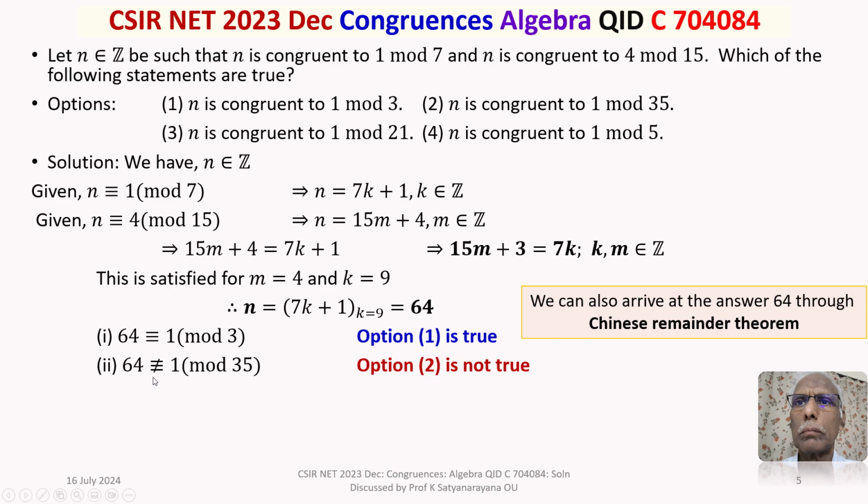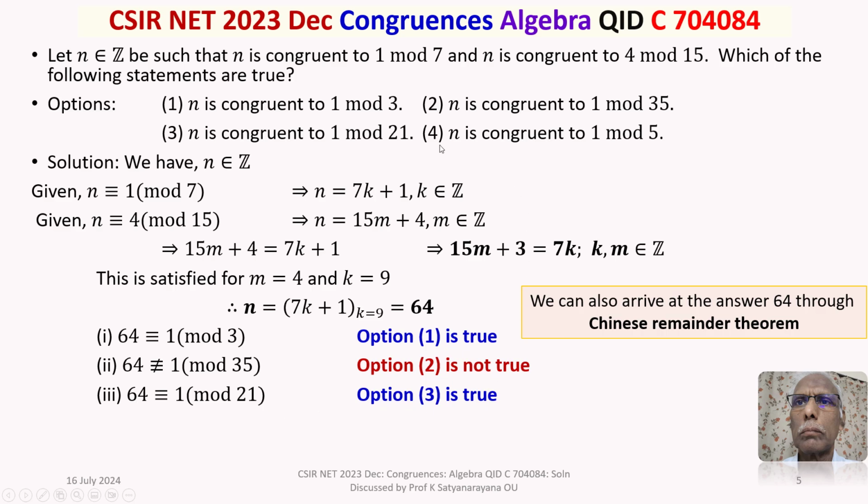Therefore, 64 is not congruent to 1 mod 35, and option 2 is not true. In option 3, 64 is congruent to 1 mod 21 because 21 divides 64 minus 1, that is, 21 divides 63. Therefore, option 3 is true.